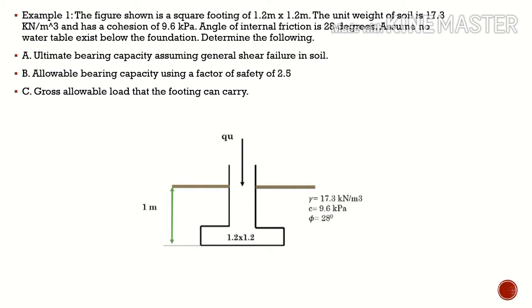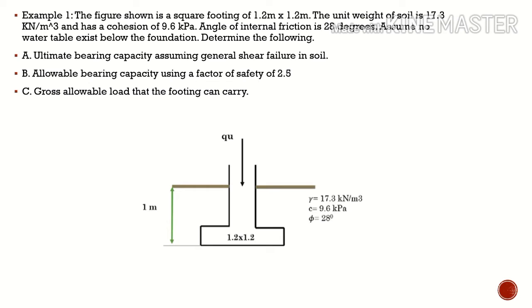The figure shown is a square footing of 1.2 meters times 1.2 meters. The unit weight of soil is 17.3 kilonewton per cubic meter and has a cohesion of 9.6 kilopascal. Angle of internal friction is 28 degrees.